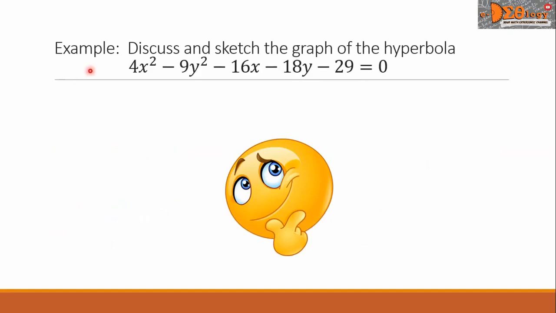Let us see this example. Discuss and sketch the graph of the hyperbola 4x² − 9y² − 16x − 18y − 29 = 0. We can see here that the equation is in general form.